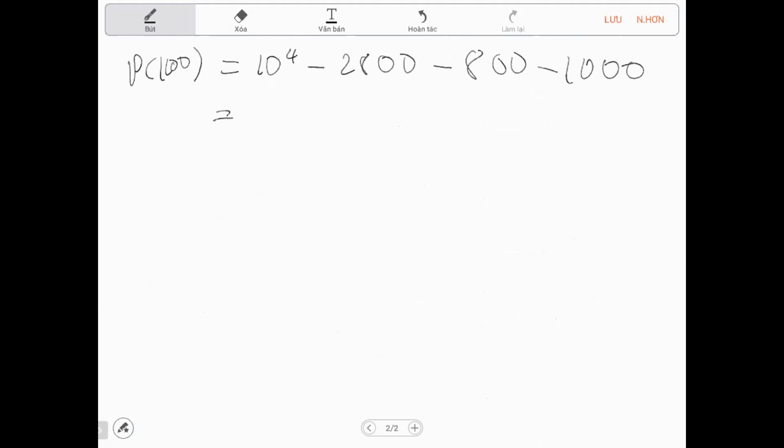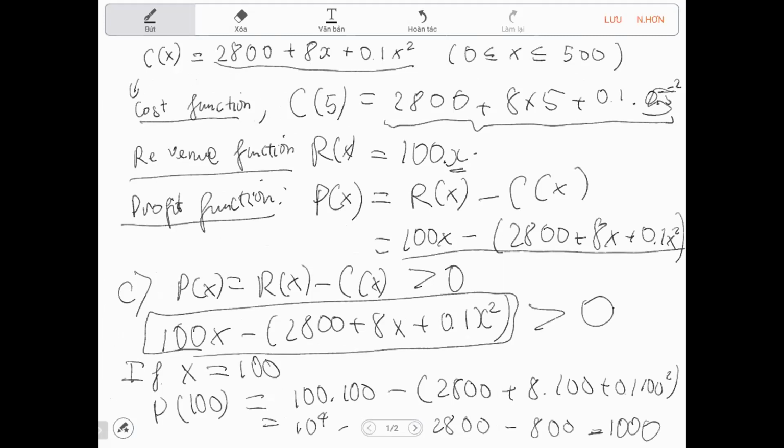Student: Where did you get 5 from? The value 5 is just an example. Where is 10 to the power 4 coming from?